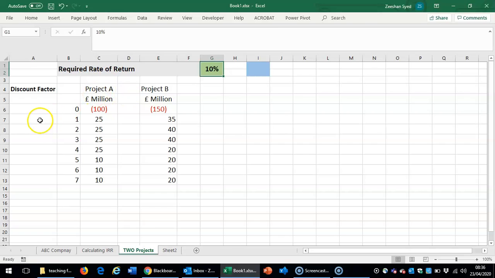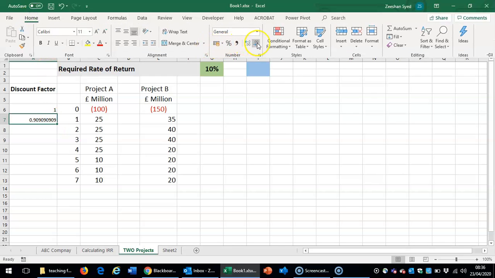So first of all, you have to find out the discount factor. 1 plus this, these are two projects and we are going to compare which project is best. 1 plus this raised to power minus this. And we just make it 4 digits so it looks nice.